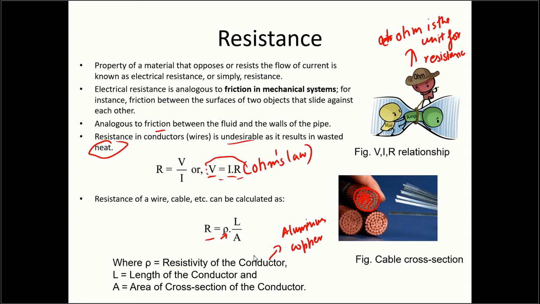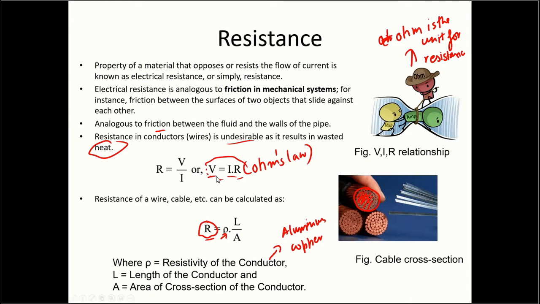So you want to make sure that you have less resistivity in order to make sure that the resistance is low, and also you need to make sure that the material that you use is not too expensive. So there's a cost and efficiency balance that you need to reach, to ensure that whatever you're using as a material is not too expensive, but at the same time has good properties to ensure better flow of electricity.